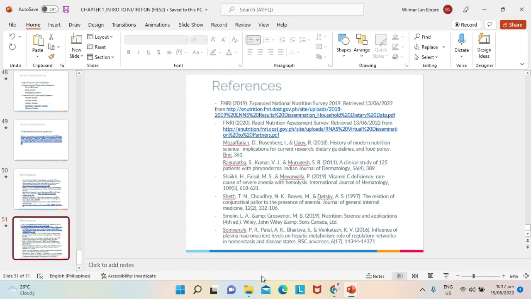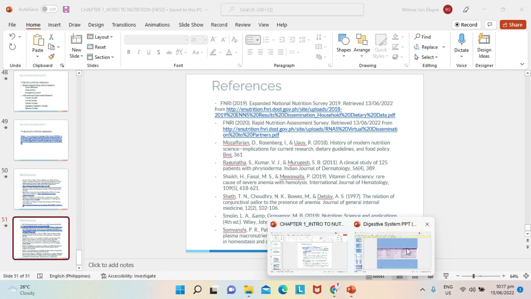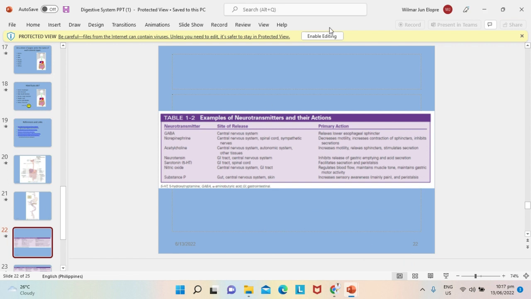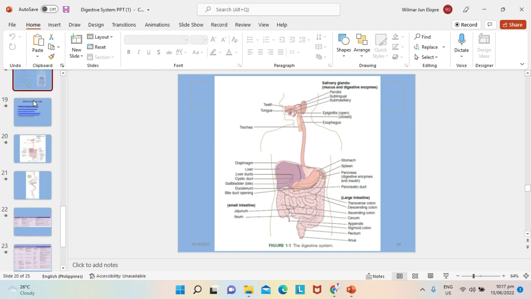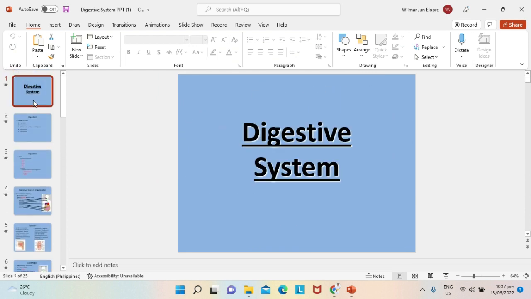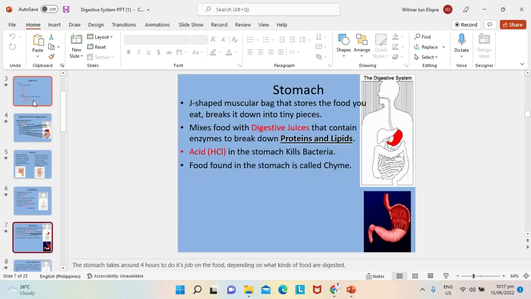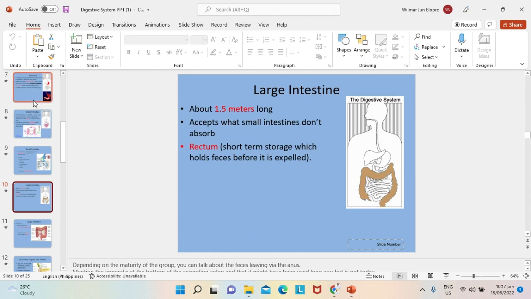Okay. So, naa pay isa ka part sa chapter which is the digestive system. So, pwede ta magbasa ani and mugawas po ni siya sa chapter 1 exam nato. Di na kaayo na di sa nako ni discuss.